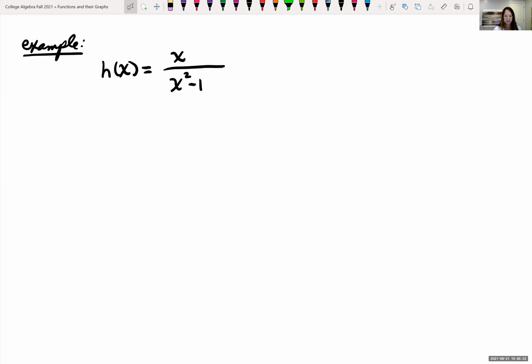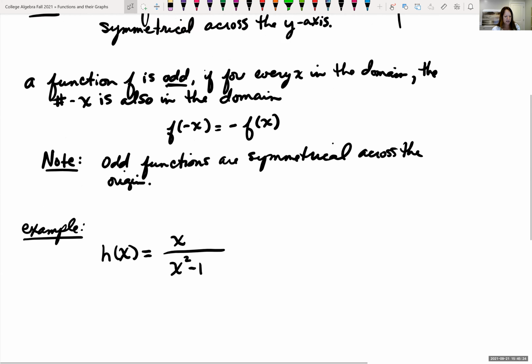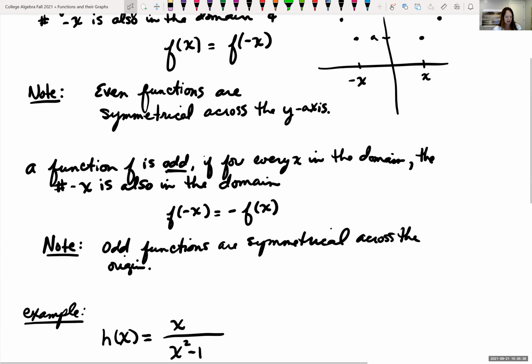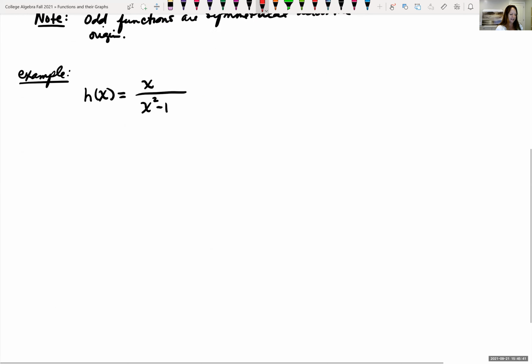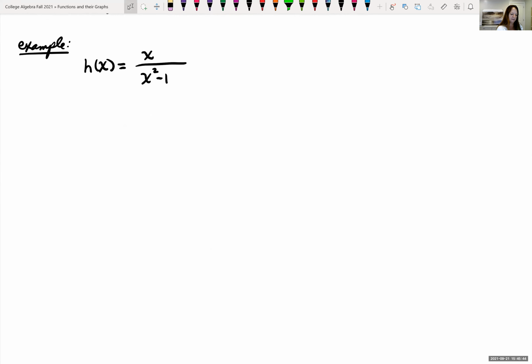If we go back up to the definition, notice that in each definition, we have to look at what f of negative x is. So I normally test first for it being even. So if I want to see if this is an even function, let's first look at what is h of negative x.